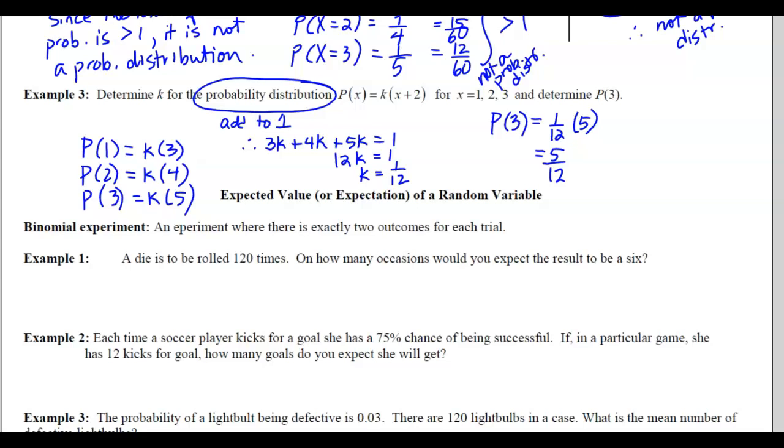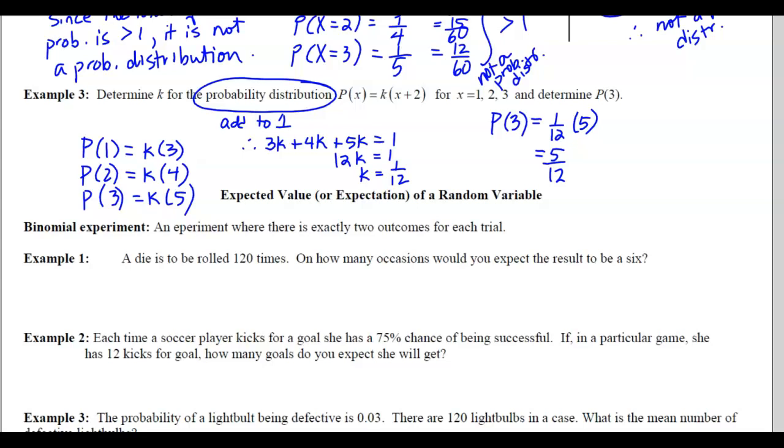So here, a die is to be rolled 120 times. On how many occasions would you expect the result to be a 6? So we're trying to find the expectation. Well, what's the probability of rolling a 6? 1/6. The probability of rolling a 5 is also 1/6.